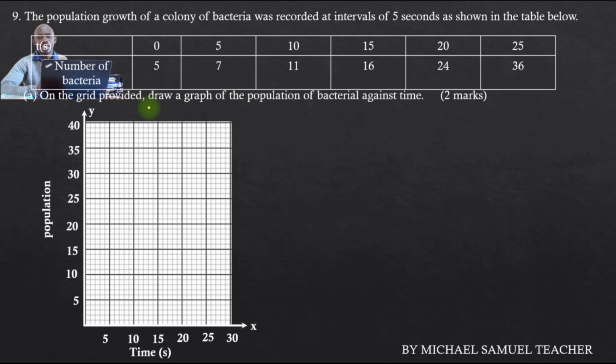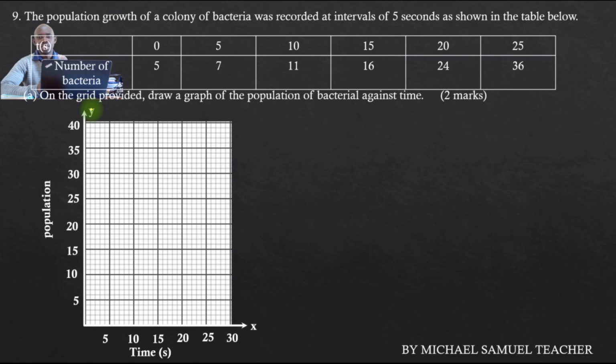On the grid provided, draw a graph of population of bacteria against time. This is the data given: time in seconds, 0 all the way to 25, and the number of bacteria recorded at a particular time.